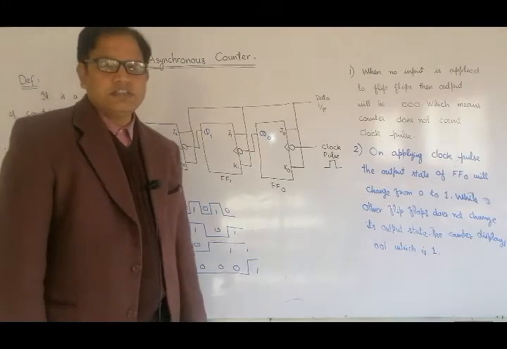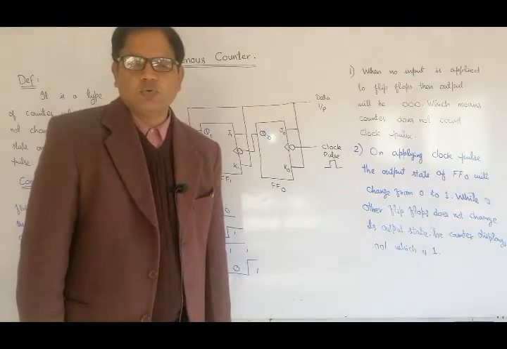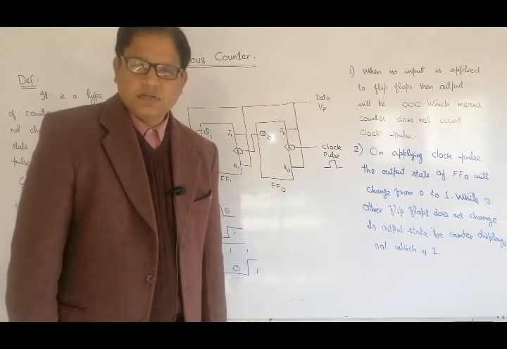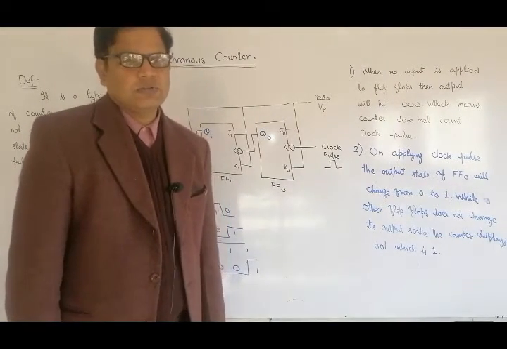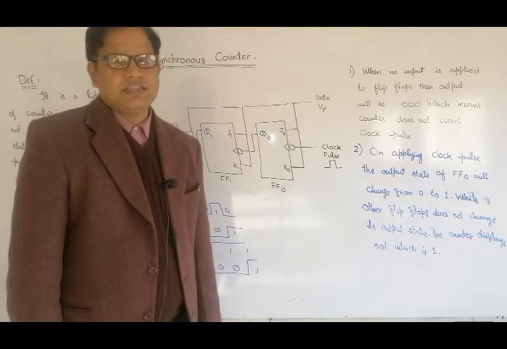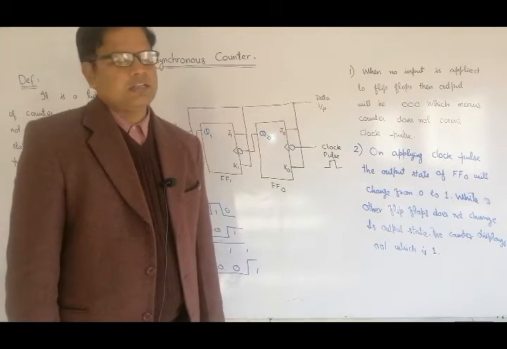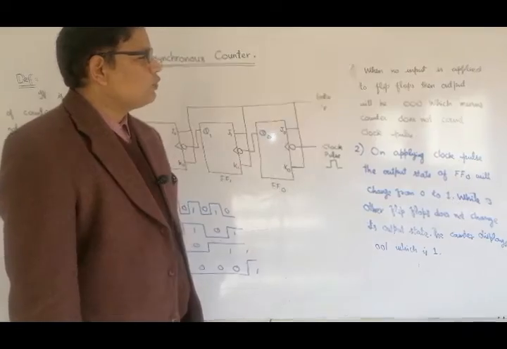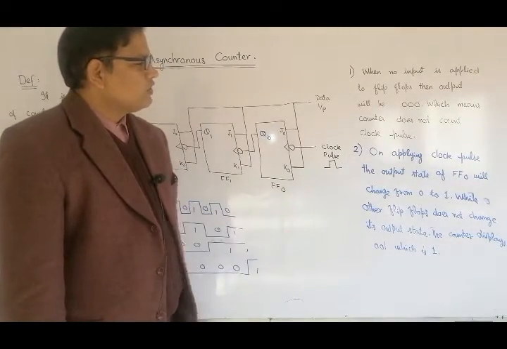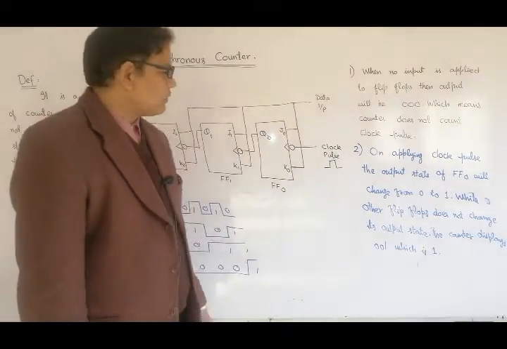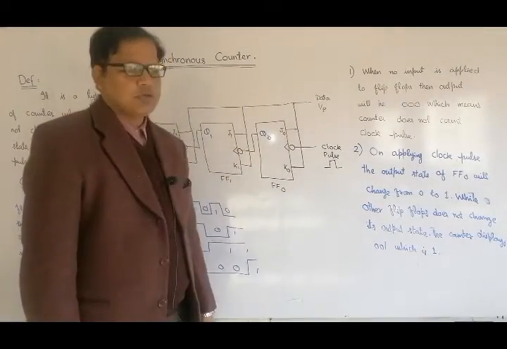And the digital code displayed on the counter is 0, because when there is no clock pulse, nothing digital is provided. So that's why no output is shown.